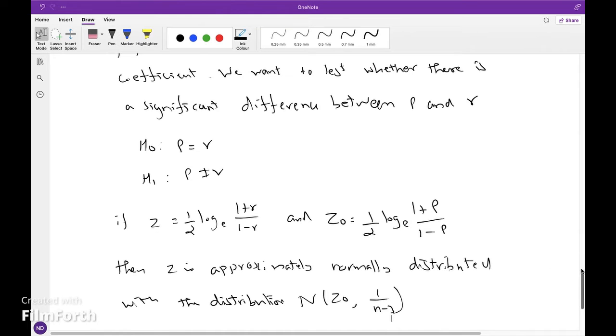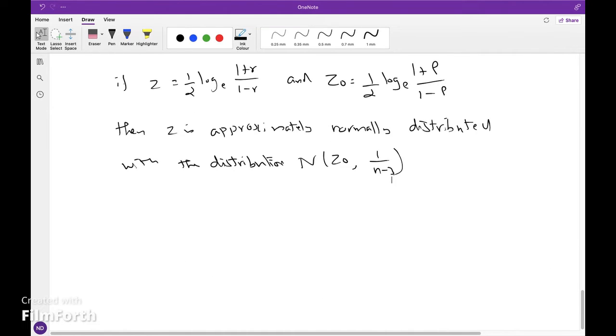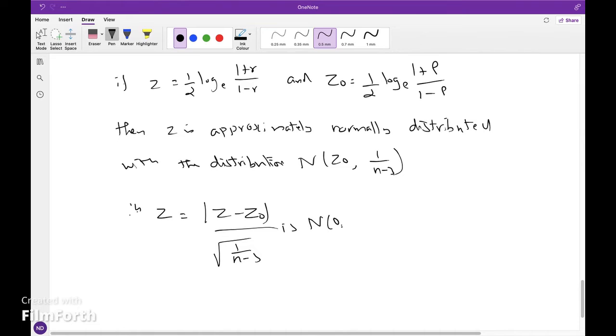Therefore Z equal to modulus of Z minus Z naught by square root of 1 by n minus 3 is N of 0 comma 1.